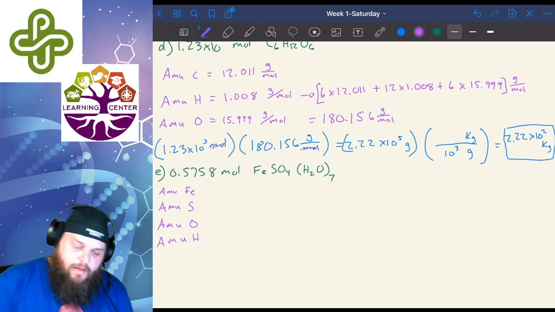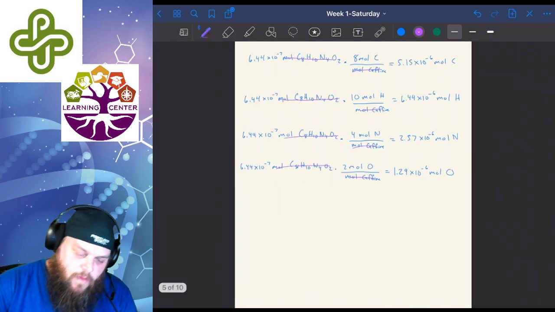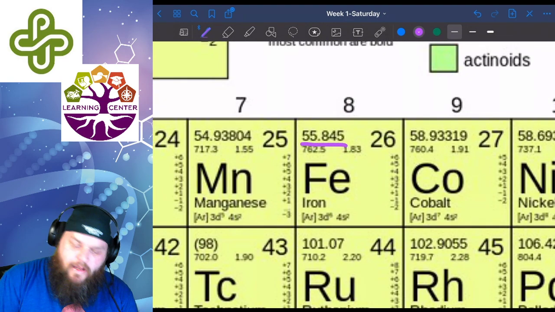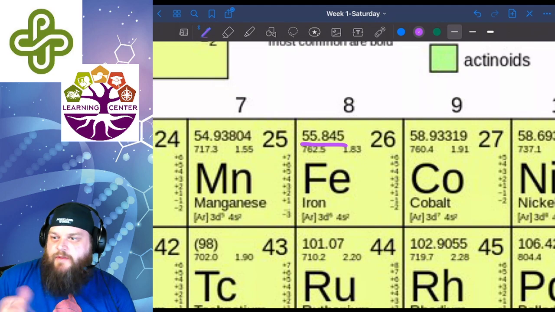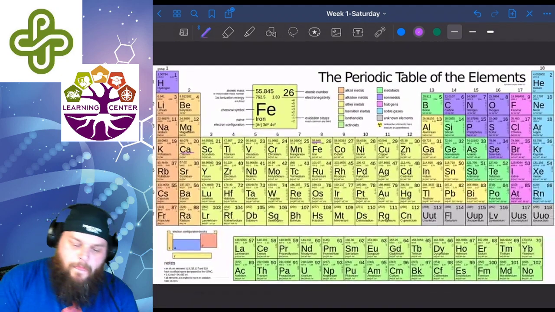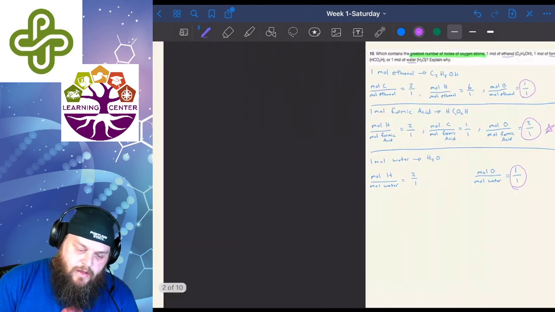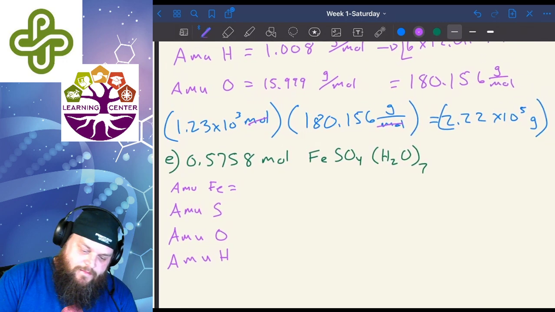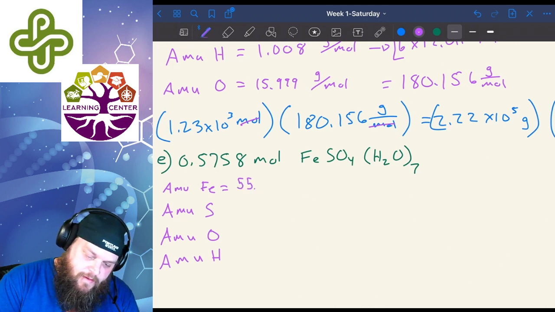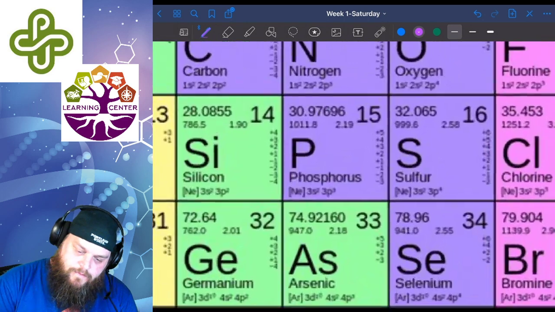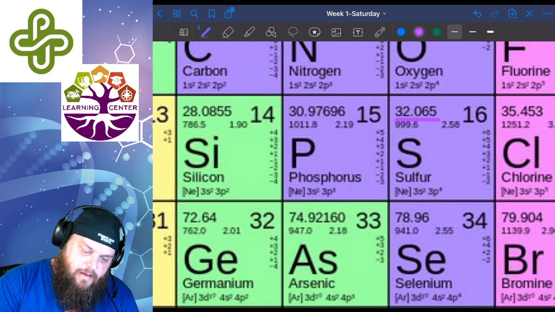We have oxygen on there already. So iron, we haven't looked up iron yet today. I got 55.845 for iron. That's a group 8 transition metal, in that main d block in the middle of your periodic table. I talked too much. 55.845 grams per mole. Sulfur, 32.065.